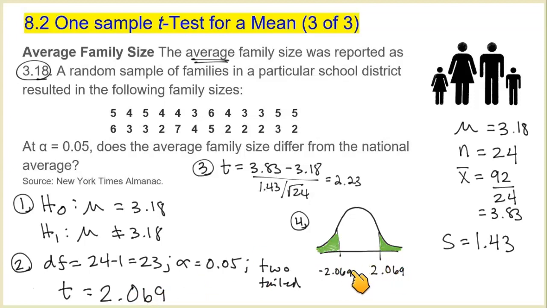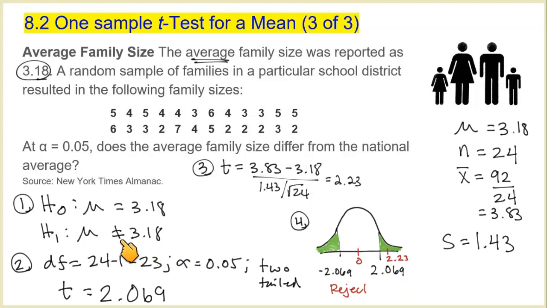So we have plus and minus 2.069. And then I want to determine, is this in either critical region? Should I reject, or is it outside the critical region and I do not reject? So that number is inside the critical region. It's greater than 2.069.